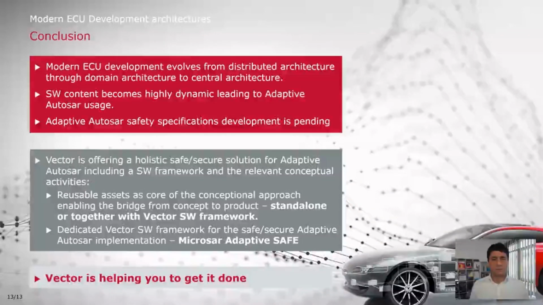And those assets, they can be used as standalone or even in combination with the software framework from other suppliers, or of course those can be used in combination with the Vector dedicated adaptive Autosar solution, which is the MicroSar Adaptive Safe.